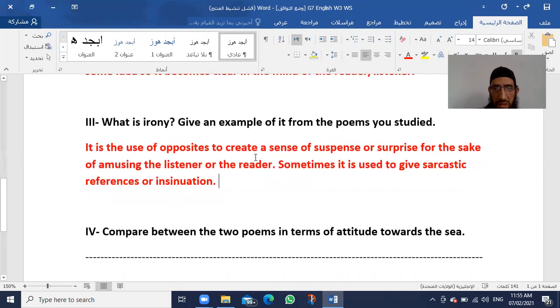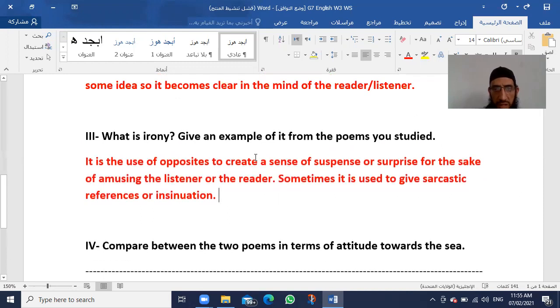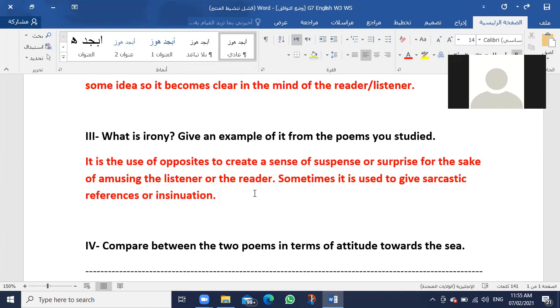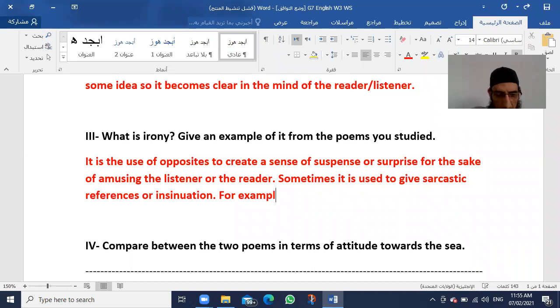Who remembers the irony in the poem that we studied, which is the second part of the question? In The Bay, the irony of the poem was that he was talking about the bay as a place that he used to go to when he was a child. Bravo. But the truth is that the bay was something imaginary in his mind, so it was never even there.